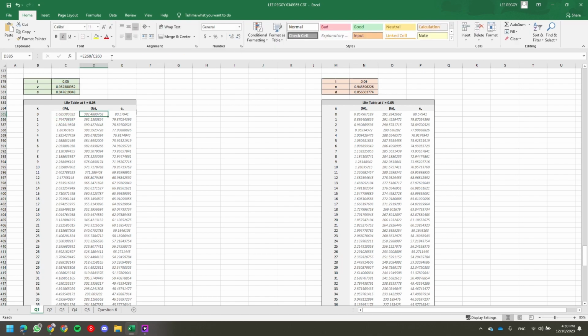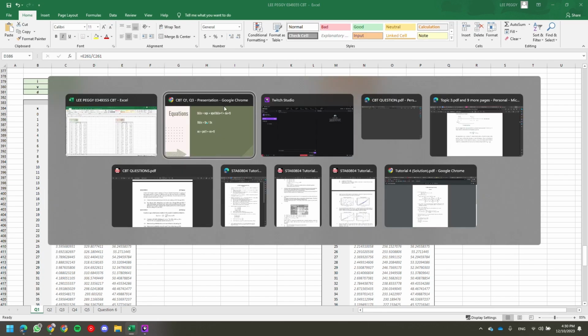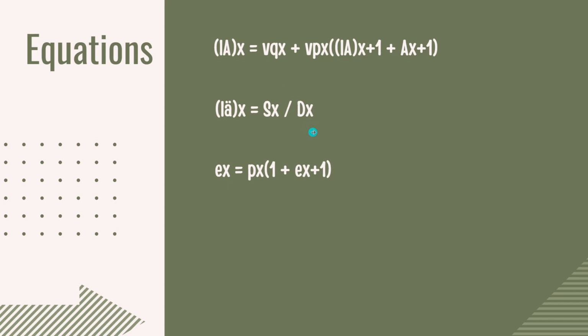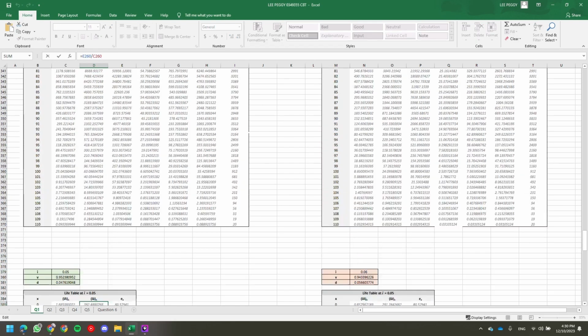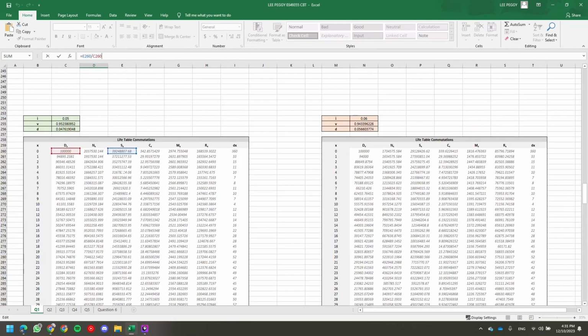So for I double dot Ax, the formula is sx divided by dx, which we can obtain from the table above that we calculated just now.